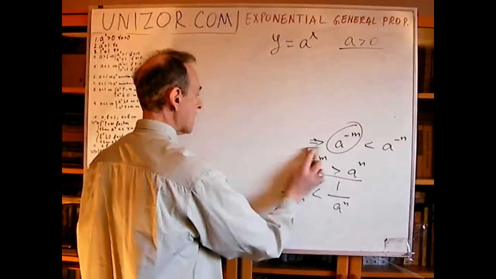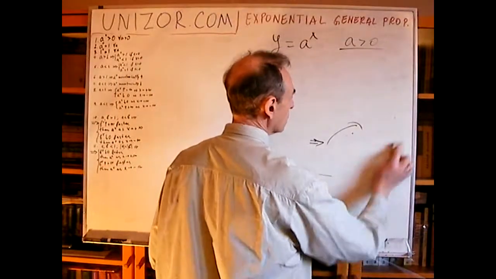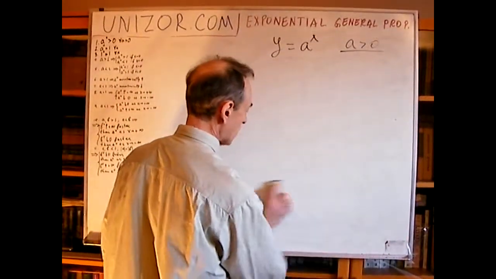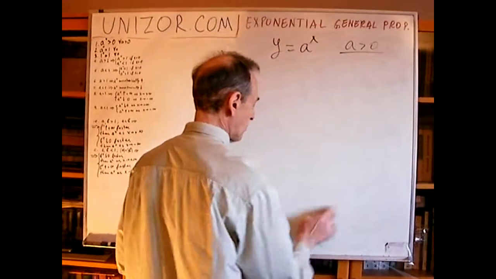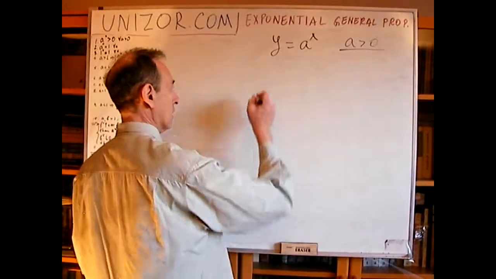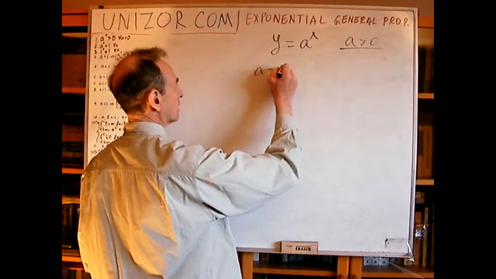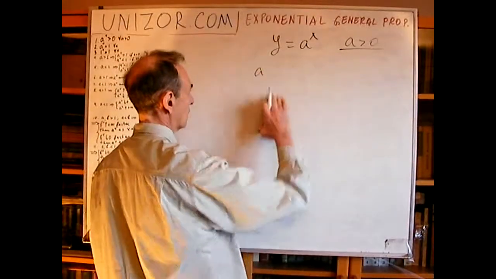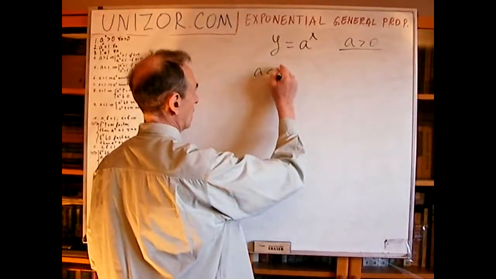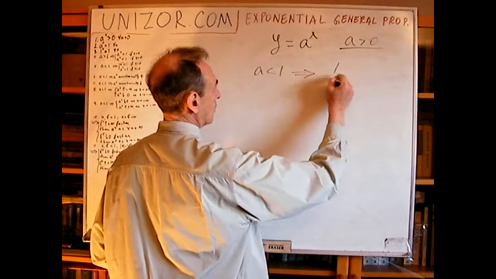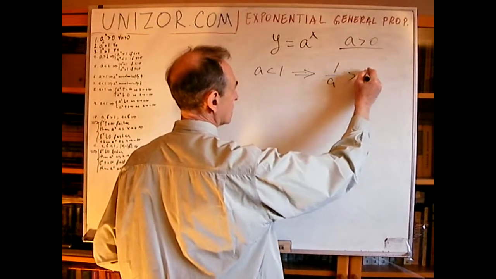Now, the case with a less than 1, I will not consider at all, because again, it's quite obvious from the fact that if a is less than 1, then 1 over a is greater than 1.